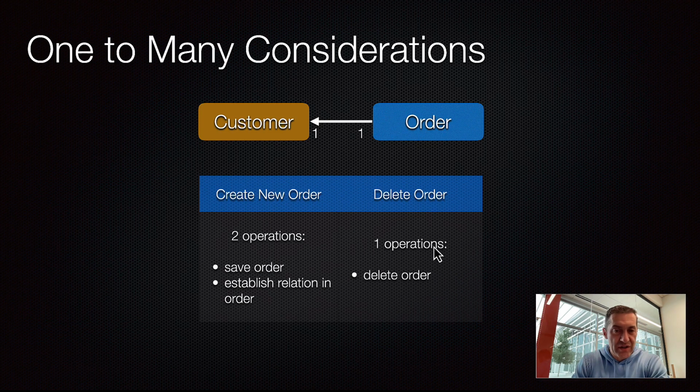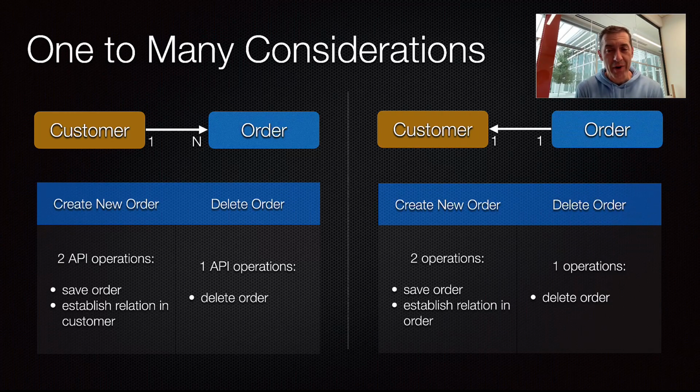And then as far as the deletion, you just delete the order and then that link is automatically taken care of by Backendless. So at first glance, they look exactly the same. In fact, when we compare them side by side, they look almost identical in terms of the operations it takes to manage those relations. However, let me point out a slight difference between the two.